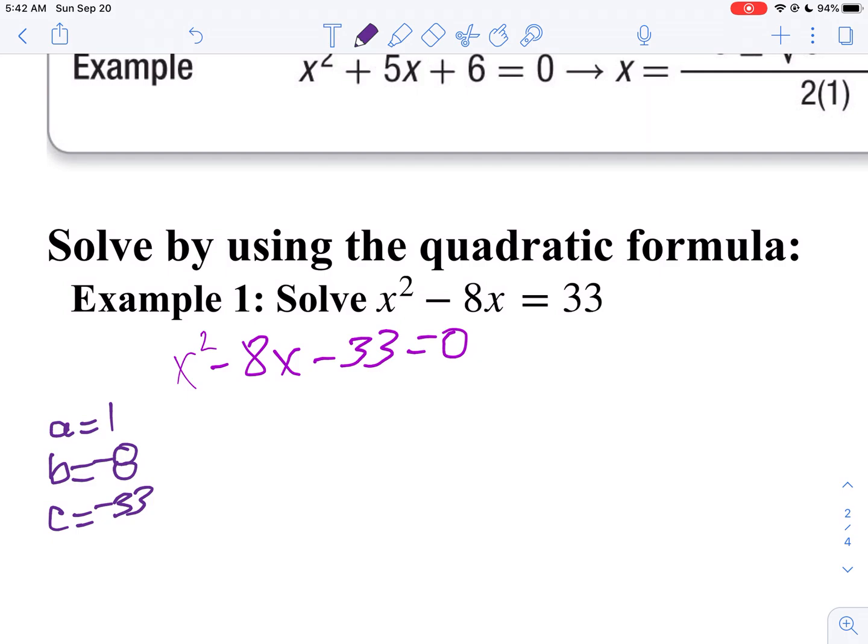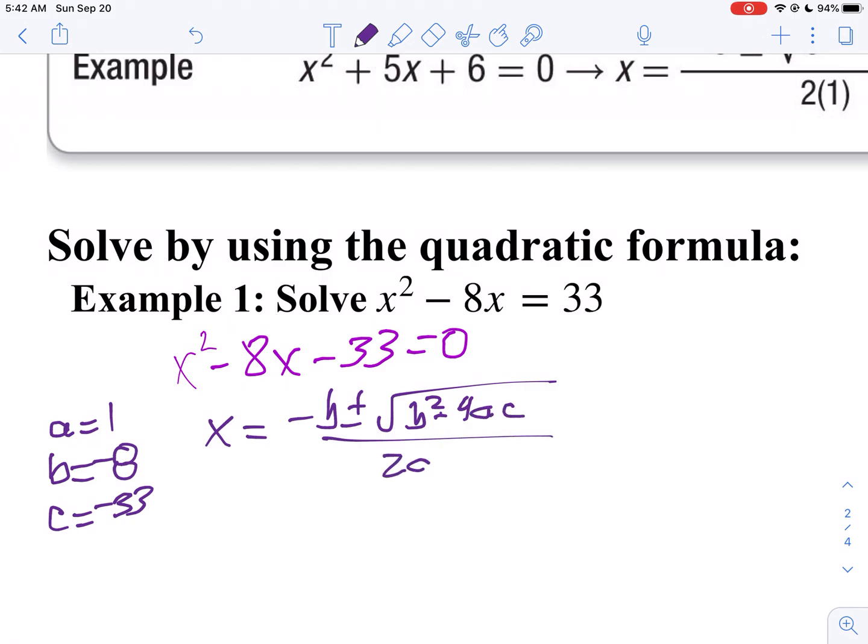So we're going to solve this by using the quadratic formula. I've always thought the best way to memorize a formula is to write it down every time until you've got it memorized. So x equals negative b plus or minus the square root of b squared minus 4ac all over 2a. So x equals the opposite of b.